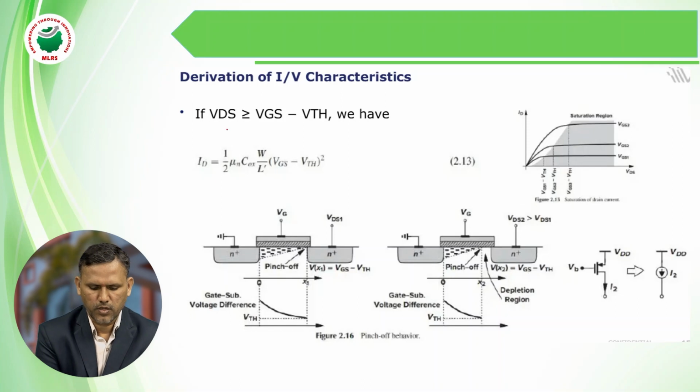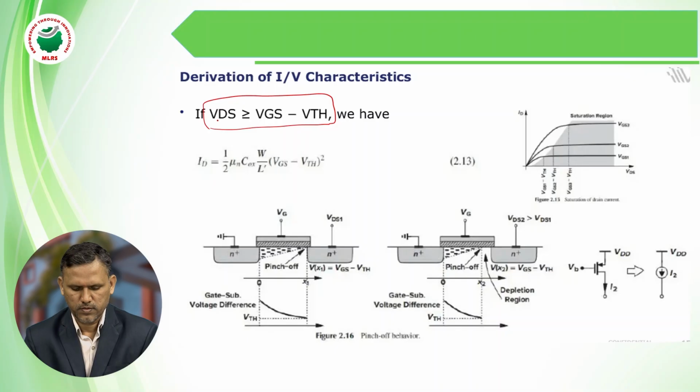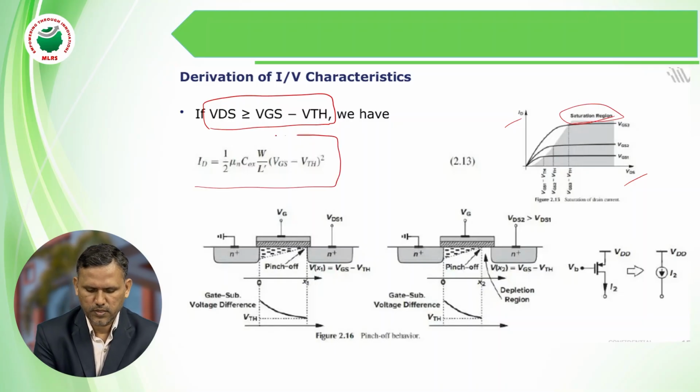And the other case is VDS greater than or equal to VGS minus VTH. So in this case, we can observe a different graphical representation between VDS and ID. So here the transistor acts in the saturation region. At that time, ID equal to this equation. So this is equation 9.